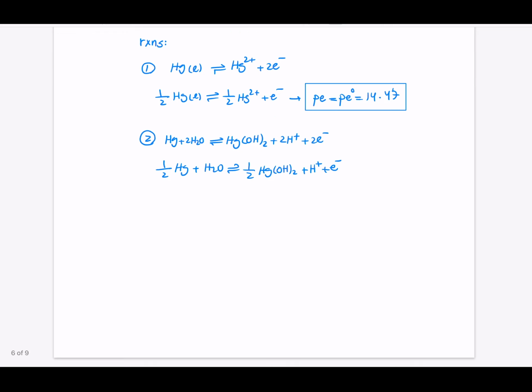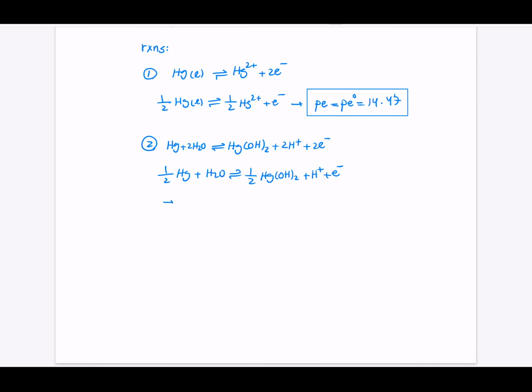And then eventually this would be PE equal to PE0 minus pH, or PE equal to 17.5 minus pH. That line represents this reaction.